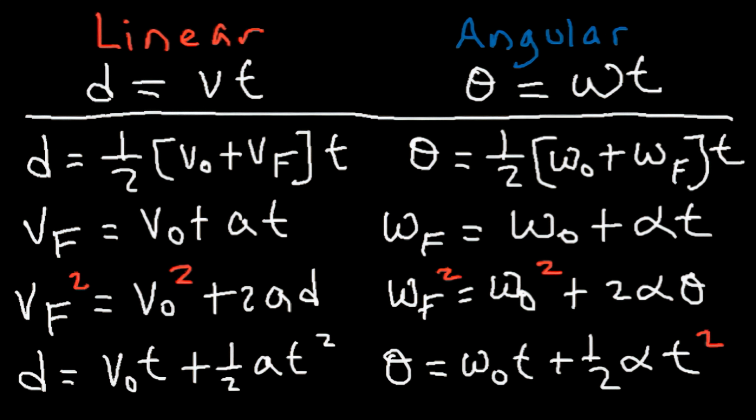So now you have the linear kinematic equations and the rotational kinematic equations. If you know the linear kinematic equations, simply replace displacement with angular displacement. If you see a d, put a theta there. You can replace linear or tangential velocity with angular velocity, and tangential acceleration with angular acceleration.